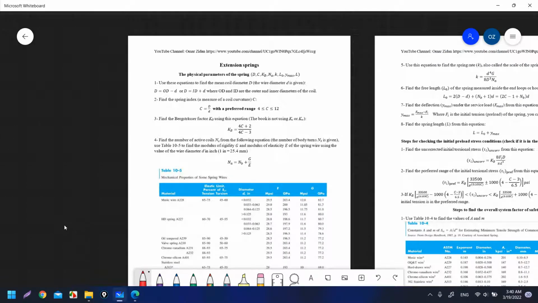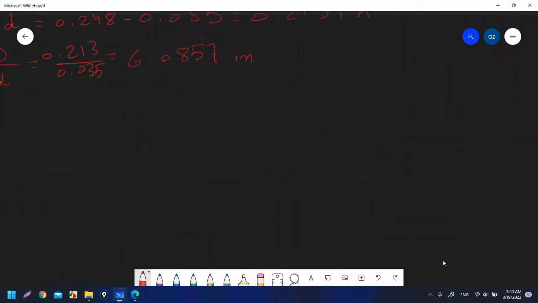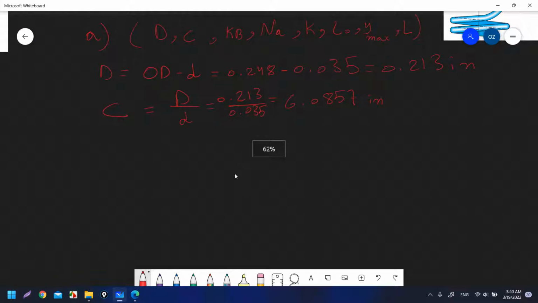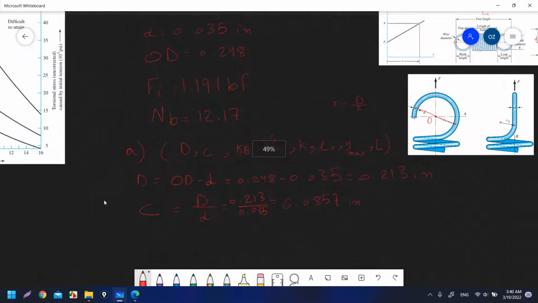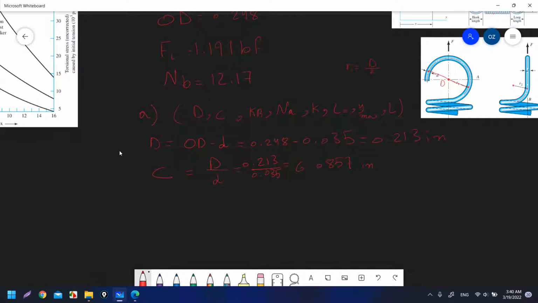Now let's find KB. We find it because we want to account for the curvature effect or the stress concentration, and then we usually multiply it by F max, or the force, or the shear stress. When we calculate the stress, we also make consideration for the curvature effect or the stress concentration.